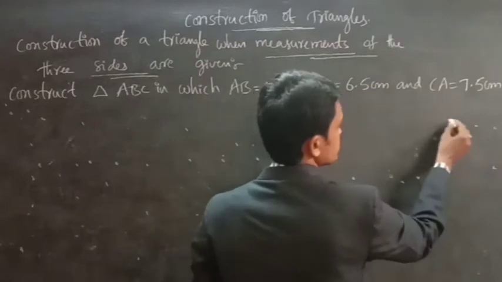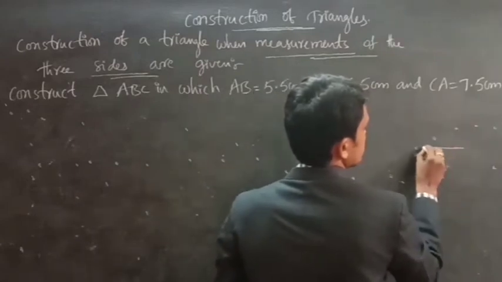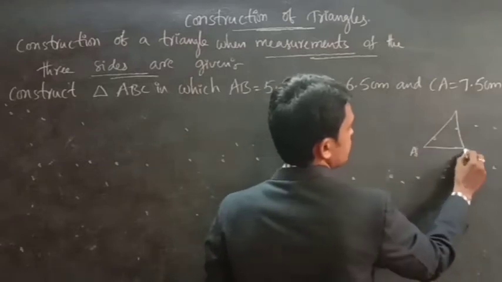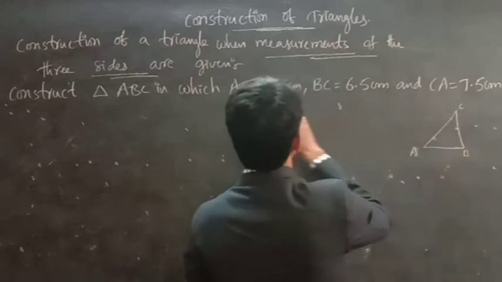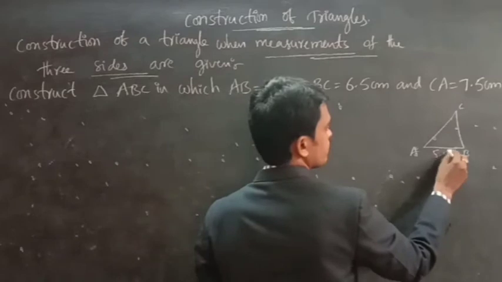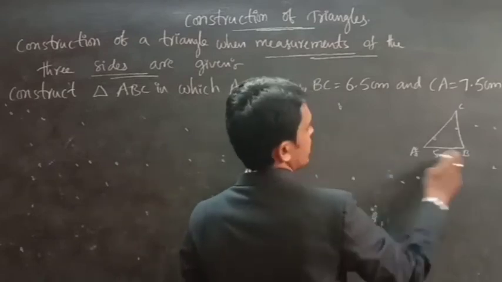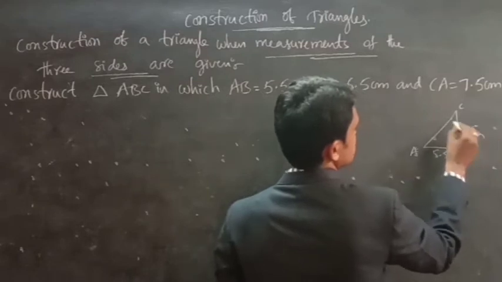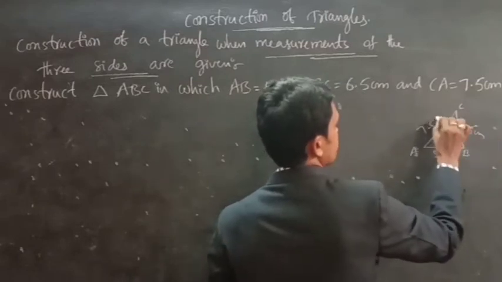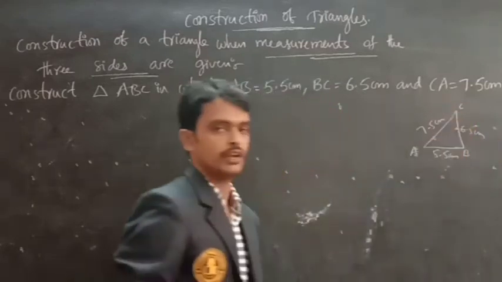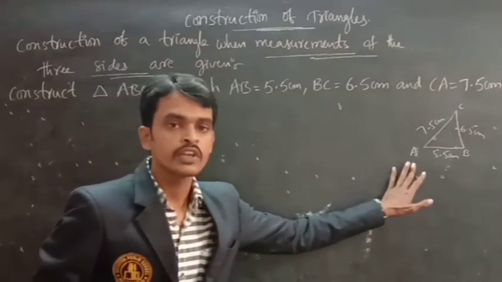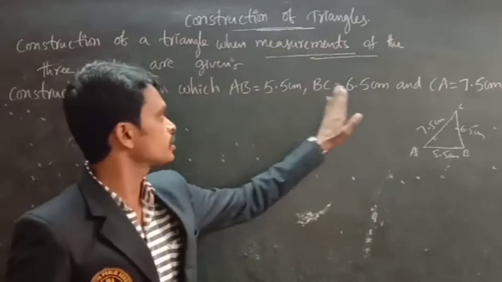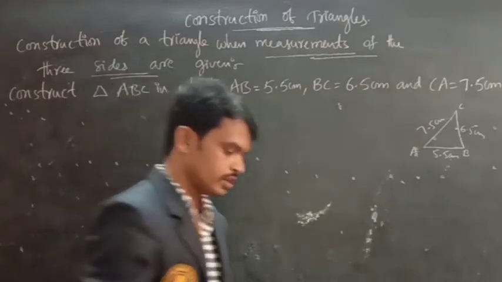In this way, A, B, C. First AB is 5.5 centimeters, BC is 6.5 centimeters and CA is 7.5 centimeters. First we should draw a rough sketch of the triangle using the given measurements.